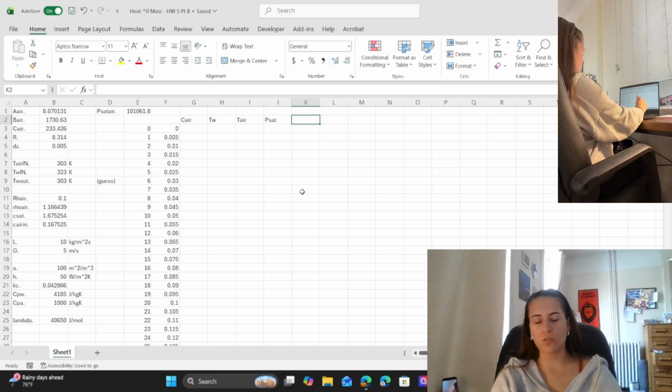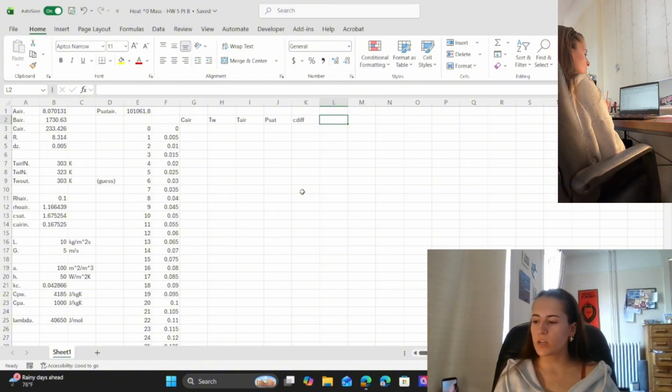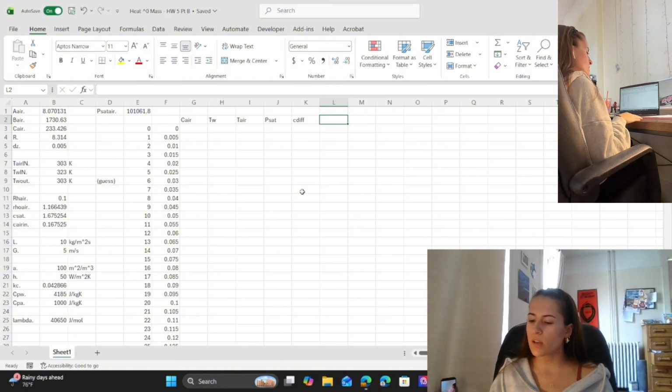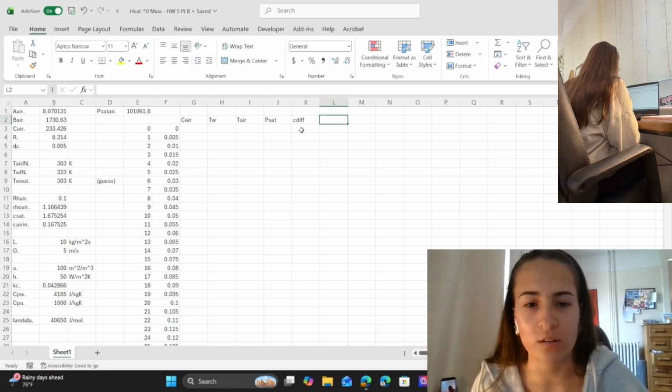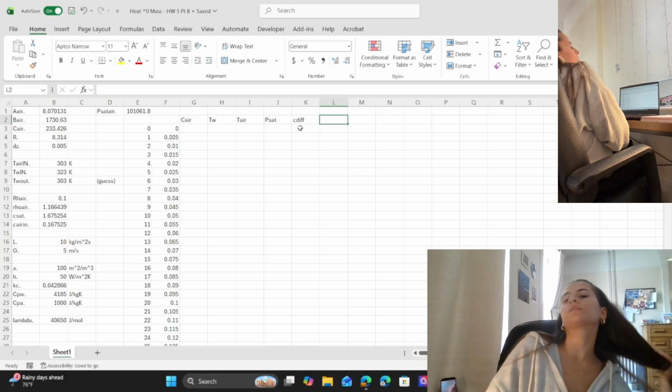And then to make it a little bit easier as we're going through these equations, I'm just going to put over here the difference in our concentrations, because you'll have noticed that in those equations that we derived in the first part of this video, there's a lot of areas where we're going to have the concentration of the water minus the concentration of the air. So it just makes it a little bit easier to make a whole column for that.